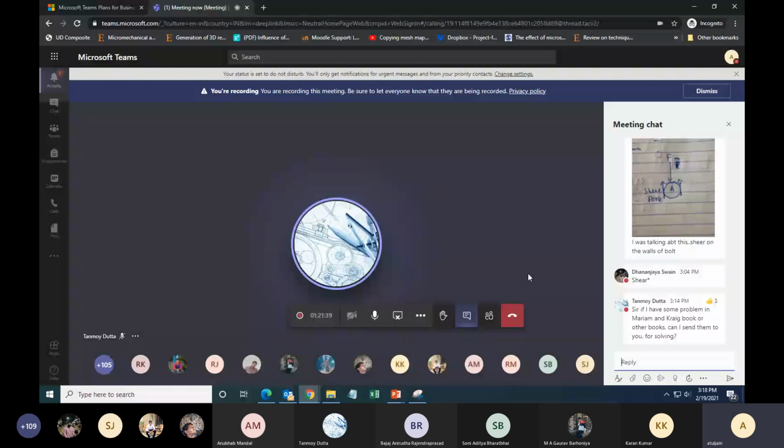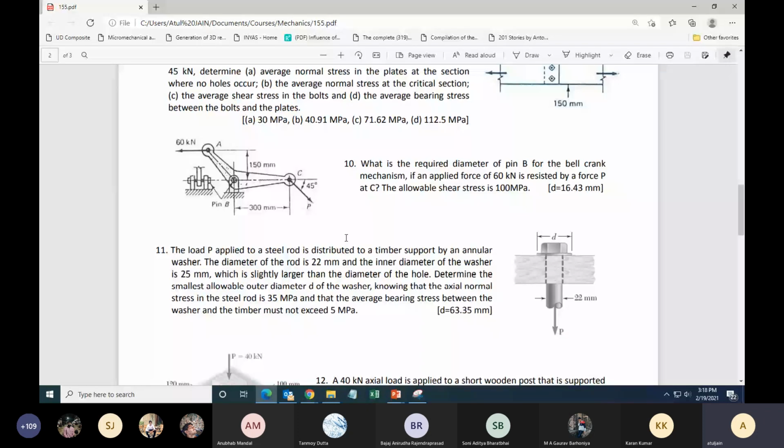Okay. So 10, everybody understands how to do. Everybody gets the answer. Everybody, please make sure in a pin, if there are two components X and Y, then the force which you will use for calculating the shear force has to be the resultant force, not Bx, not By, but the resultant.